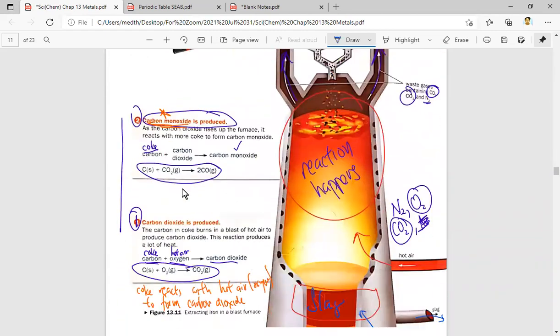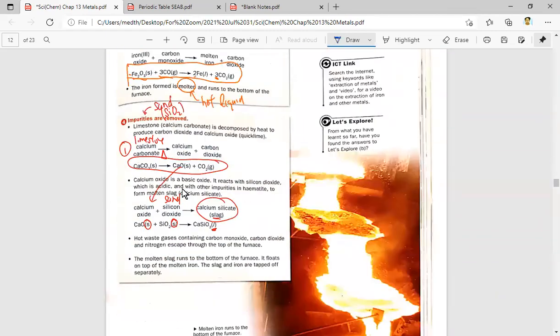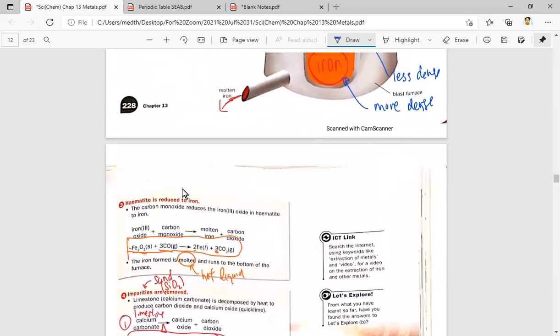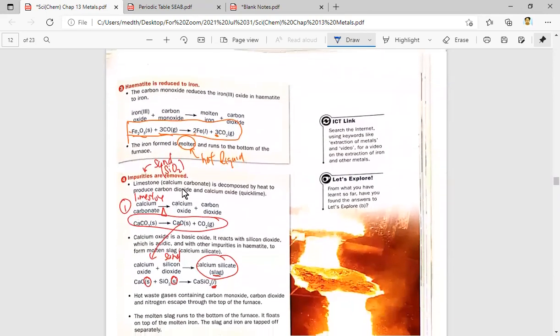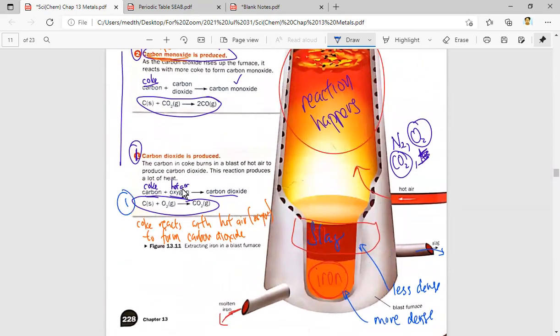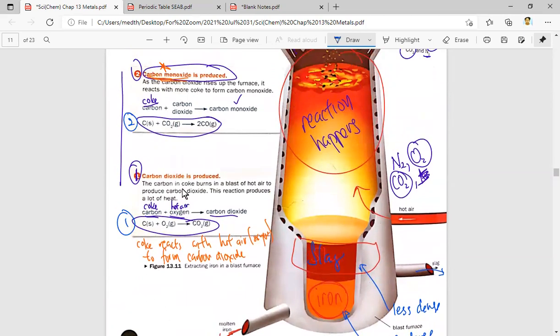So this is the interesting thing about the blast furnace. It's used to extract iron from the iron ore, which we know as hematite. And the reactions involved are 5. So let's recap a bit. The first reaction is over here: carbon plus oxygen gives carbon dioxide. Second step, the carbon dioxide reacts with more coke to get carbon monoxide.